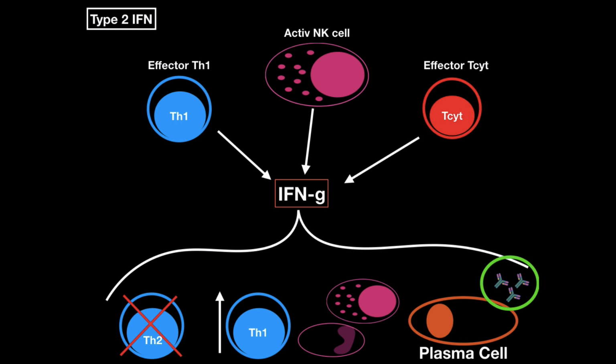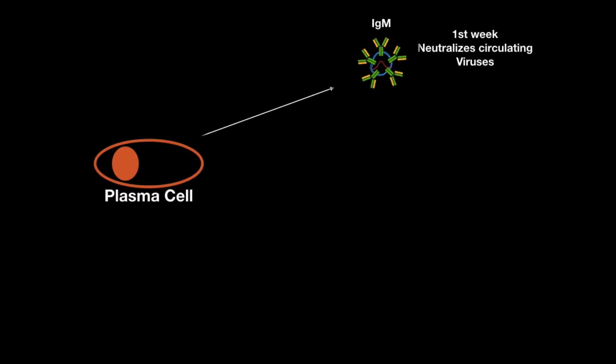Now, you see these IgG immunoglobulins. Remember I told you that the adaptive immunity against viruses also causes antibodies to be released? These are produced by plasma cells. In the first week of infection, IgM circulates around your bloodstream to neutralize the circulating virus. Remember the humoral immune response, when I told you that IgM is the fastest produced antibody because it's produced without the help of T cells.